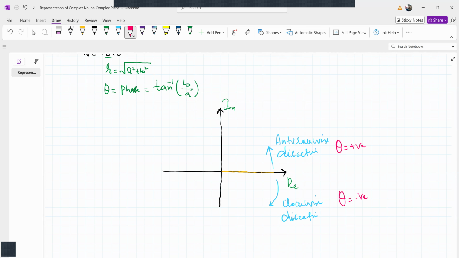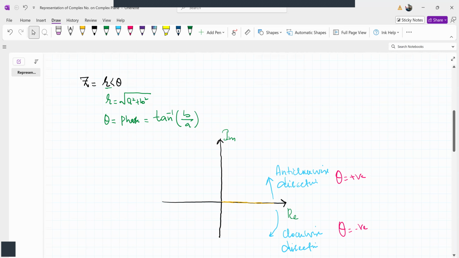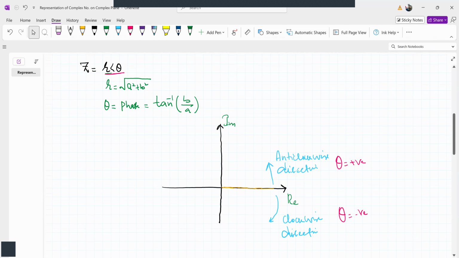Because we have to draw a vector, and this is a phasor representation, and a phasor is simply a vector, how do we move on this complex plane to draw it? First of all, we check whether theta is positive or negative. When we know theta is positive, we move on this plane in the anti-clockwise direction.